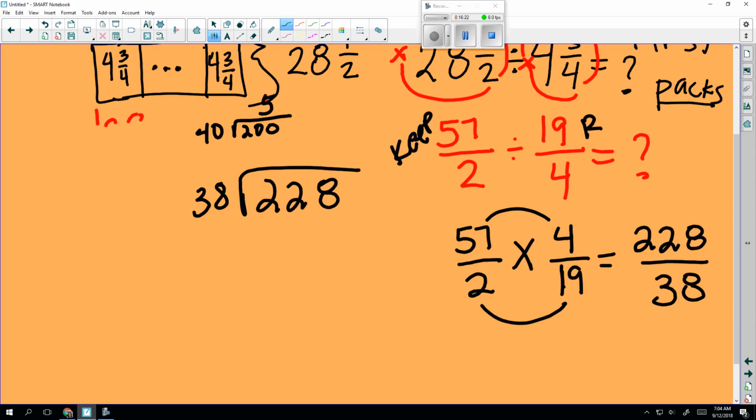So then if I know that 5, I can come over here and say, well, 38 times 5 is 190. Okay, so that's going to be a little too small. So I'm going to try 6, okay? Because I know I can add another 40.